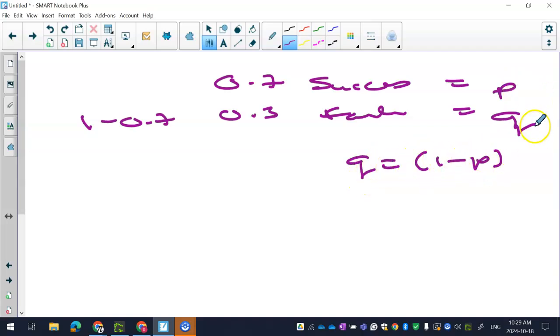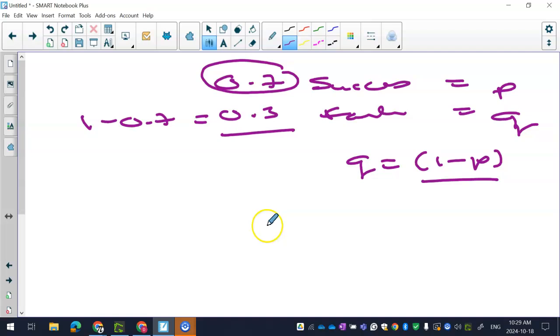So you have p and q. q is found by subtracting p from 1. If I have a 70% chance of success, you have 1 minus 0.7, a 0.30 chance of failure. You get that by subtracting. We call that q. We can also call it 1 minus p.